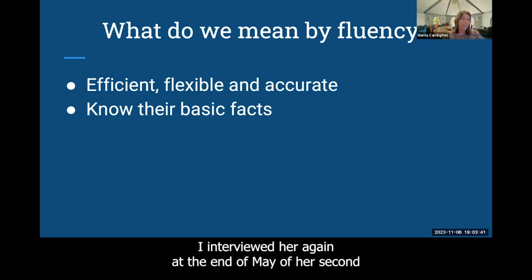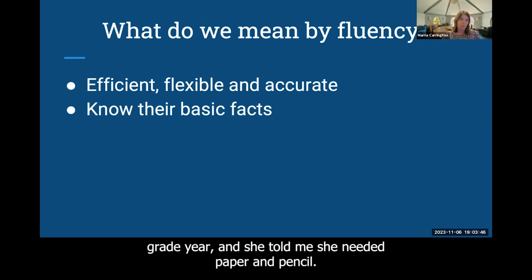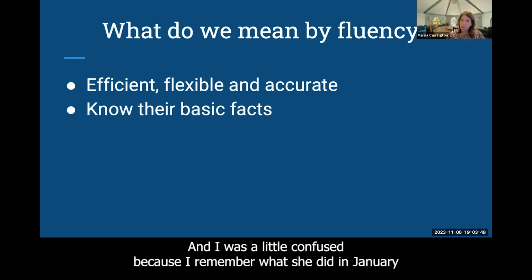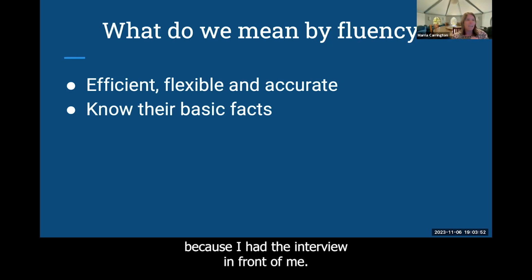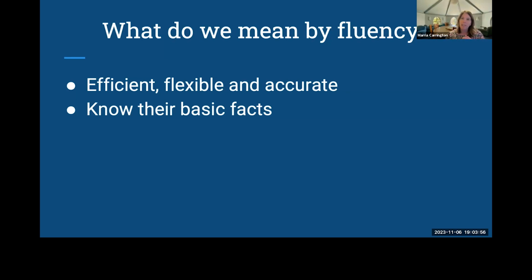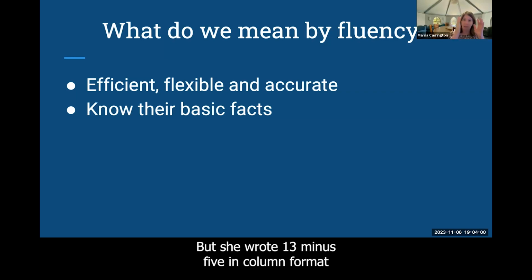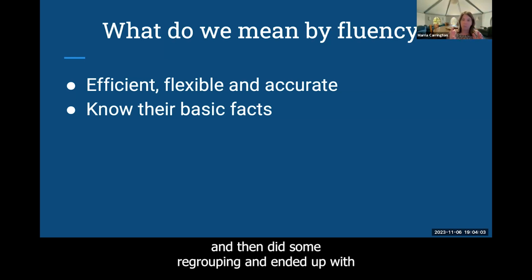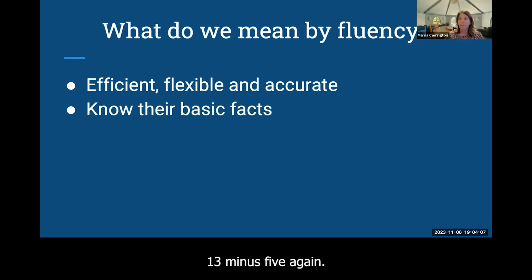I interviewed her again at the end of May of her second grade year, and she told me she needed paper and pencil. And I was a little confused because I remember what she did in January because I had the interview in front of me. And I said, well, what would you do on the paper and pencil? And I can see some folks smiling, but she wrote 13 minus 5 in column format and then did some regrouping and ended up with 13 minus 5 again, right?